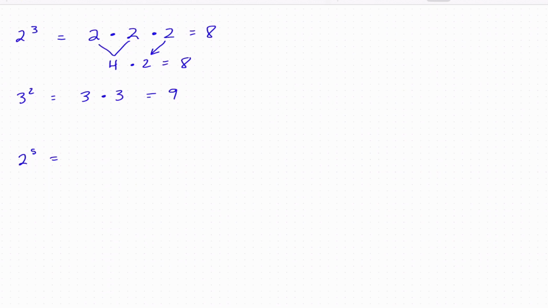2 to the power of 5 is going to be the same thing as 2 times 2 times 2. We're going to have 5 2s, times 2, and we're going to work that out. So 2 times 2 is 4.